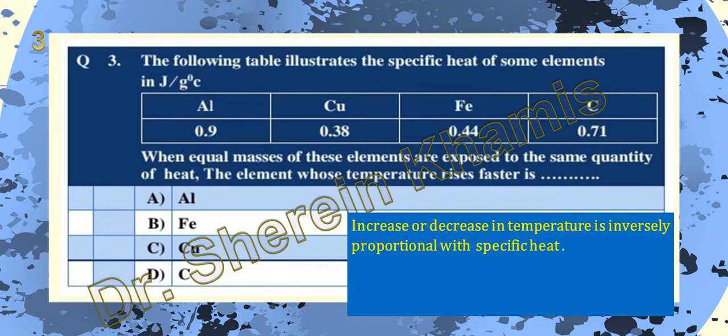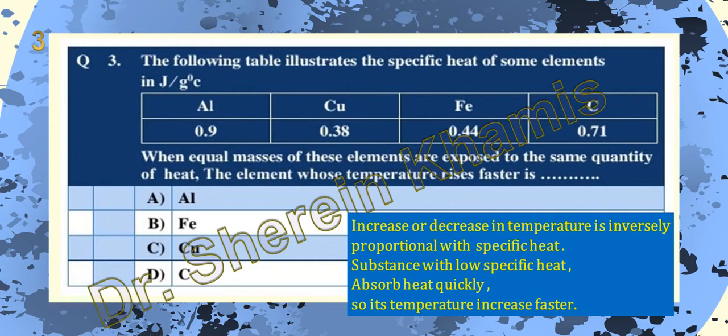Okay, so if we have a substance that has low specific heat, it rises quickly, gets energy very easily, and increases to a high temperature. So a substance with low specific heat absorbs heat quickly, and so its temperature increases faster. So the one that has low specific heat will be what? It will be copper.